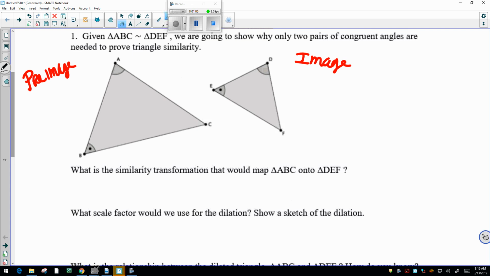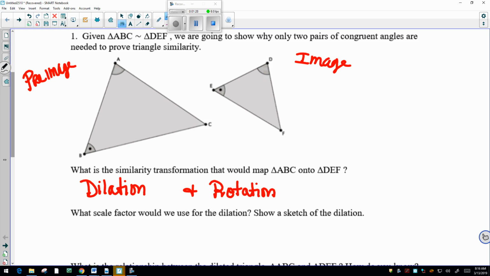And in general, if we were to just take a look at it without all the technicality behind it, we could say, well, definitely a dilation has to happen. And probably some sort of a rotation so that I could get B to map onto E and A to map onto D. So just to be general, we're just going to say a dilation and a rotation.